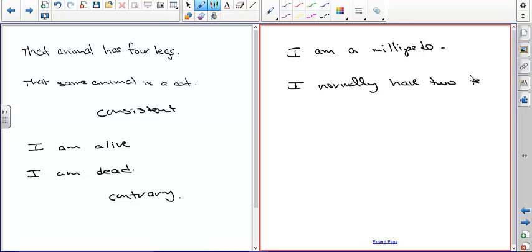Okay, a millipede has a lot of legs. So this would be two statements that are contrary, because I can't be a millipede and normally have two legs. If I pulled off all the legs except for two, yes, okay, that's true. But that's why I put the "normally" part in there.